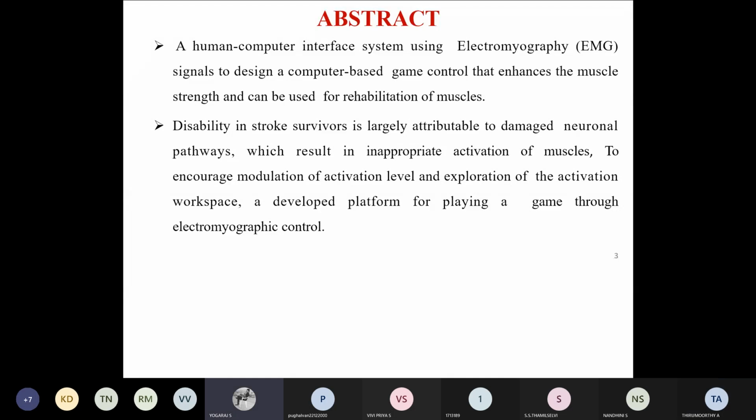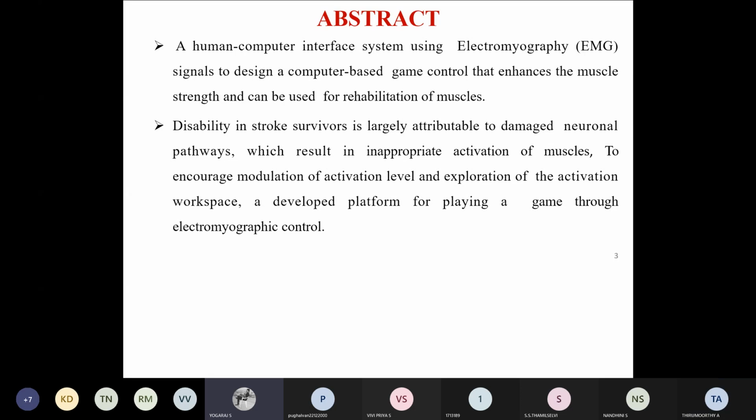Abstract. A human computer interface system using EMG signals to design a computer-based game control that enhances muscle strength and can be used for rehabilitation of muscles. Disability in stroke survivors is largely attributed to damaged neural pathways, which result in improper activation of muscles.